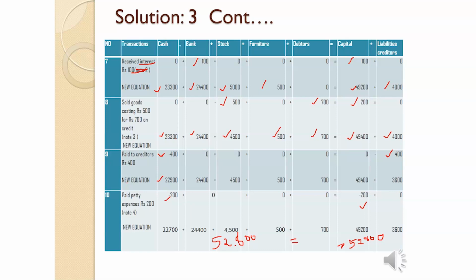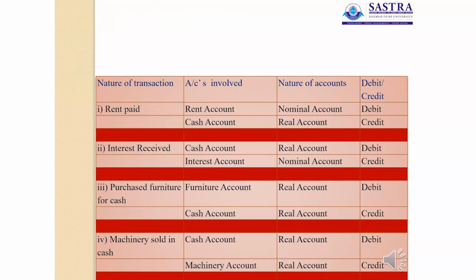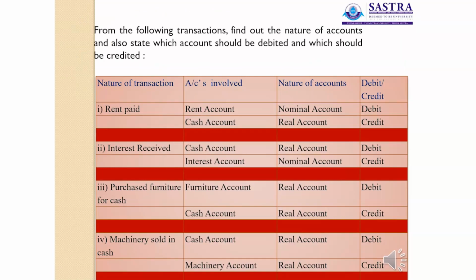Okay, then let us see. There are so many transactions. How are these transactions analyzed? How to identify in each transaction there are 2 accounts. So what are the accounts involved here?